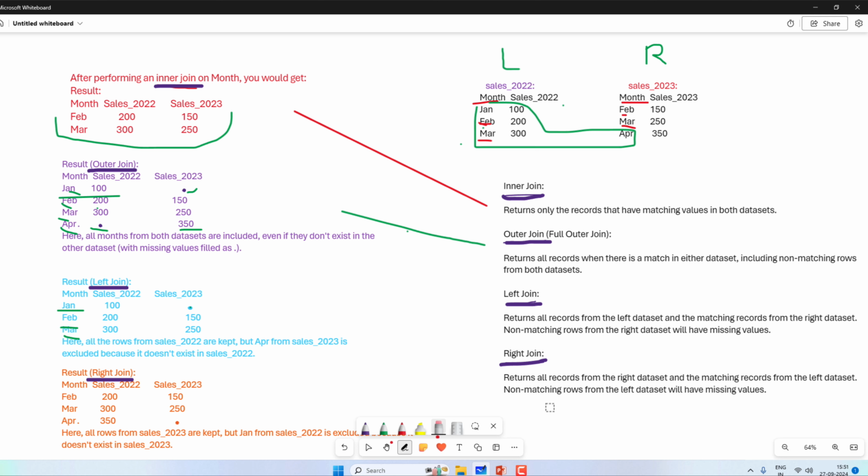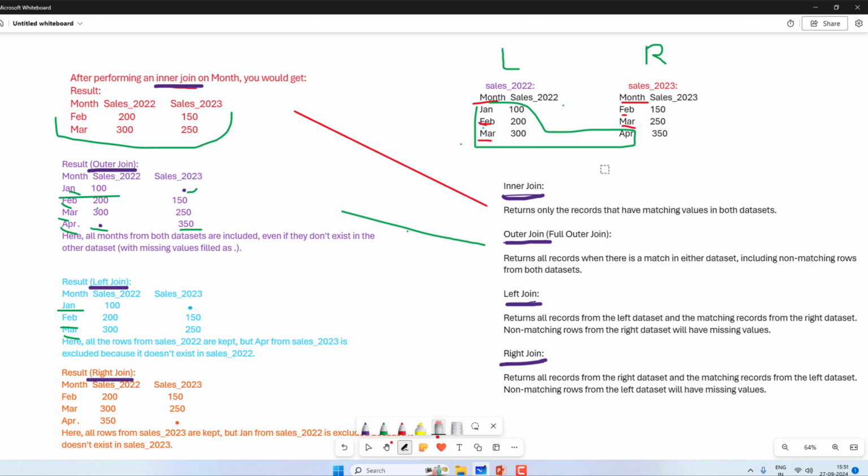So what right join actually defines is the same as the left join. In the left join, we have taken Jan, Feb and March. And when coming to the right data set, we will take Feb, March and April. Feb and March are present in both data sets.